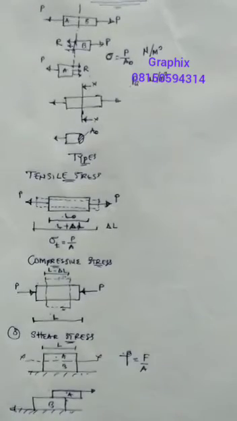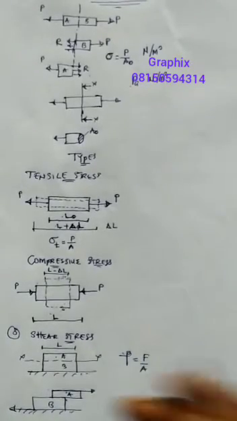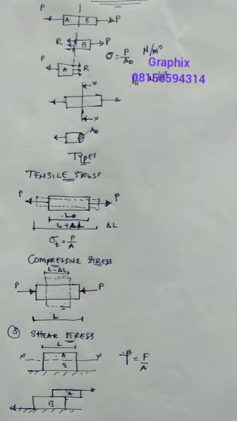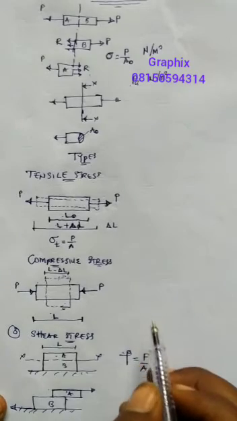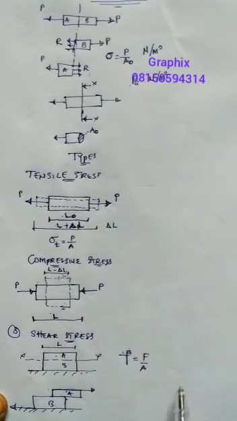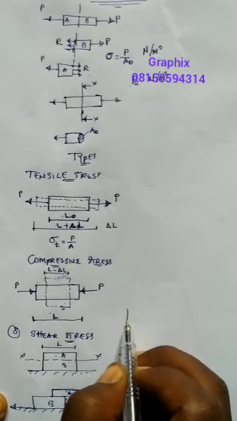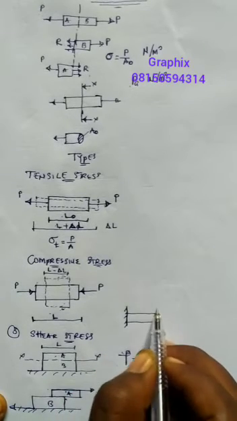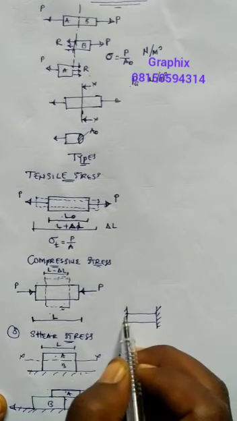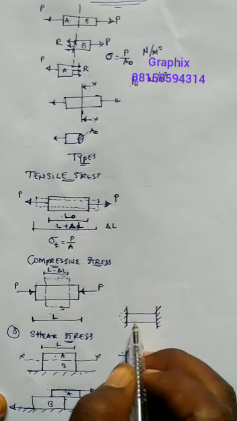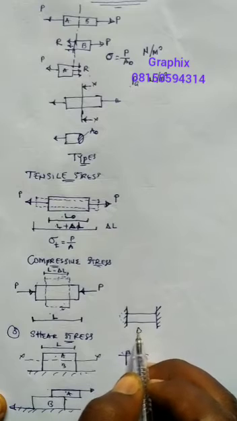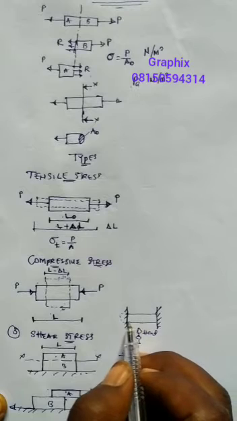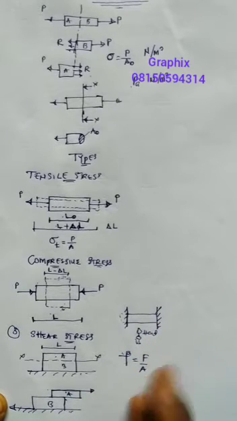Other types of stress that we have: the thermal stress, which is a result of temperature change. If I have a material this way, and I fix it at two endpoints and start heating it up, applying heat, this material wants to increase because heat brings about expansion.